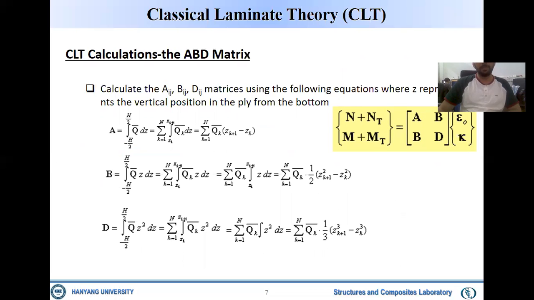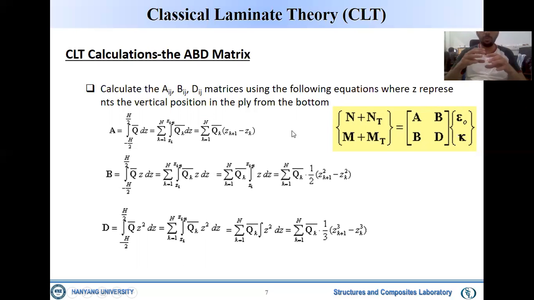Next, we need to determine the ABD matrices using the following equation. But first we should see what is meant by ABD physically, what these quantities are.